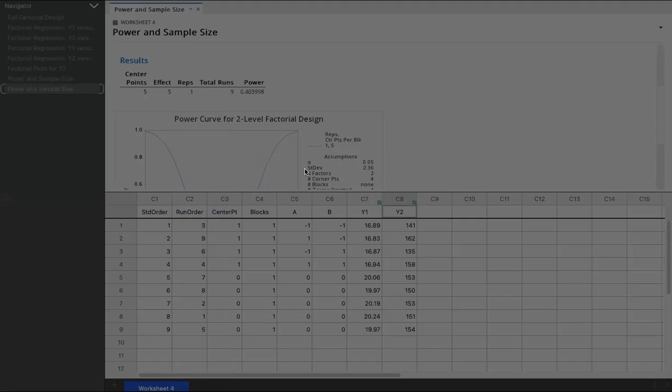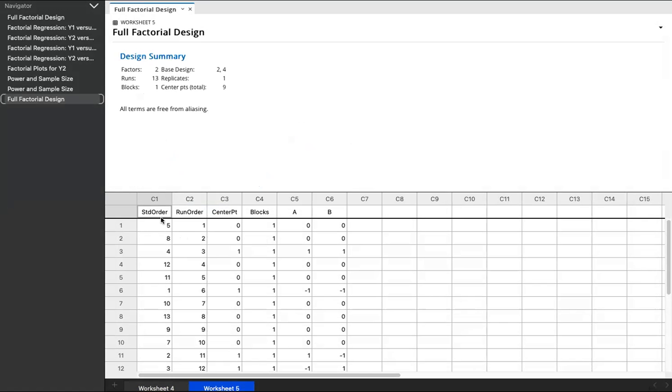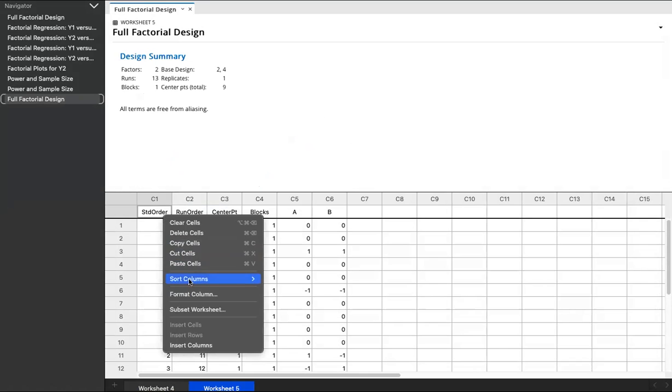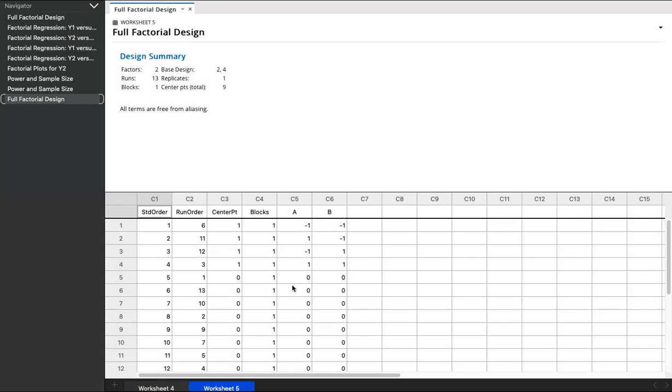Now we're going to select 9 center points per block. The rest remains like that. Factors. Okay. Randomized runs. Okay. Now I will order this smallest to largest.